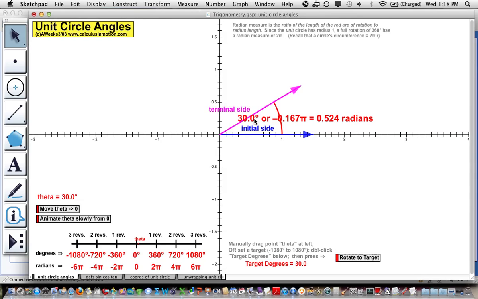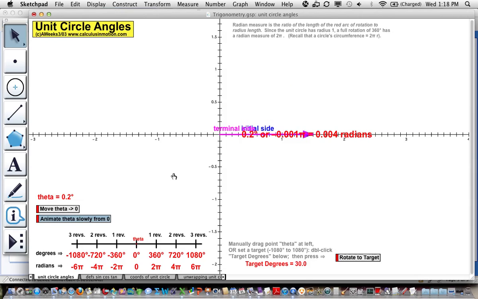But we could just talk about them as decimal numbers. So here we go, we keep going.